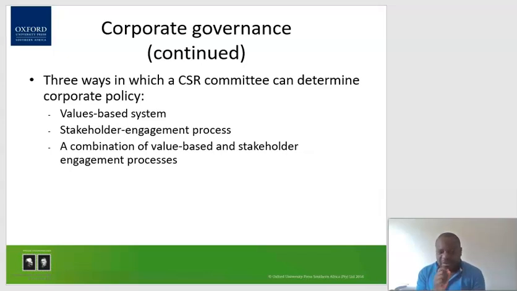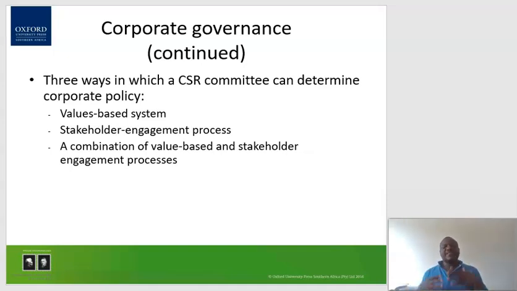However, with the stakeholder engagement process, the directors, leaders, or managers in an organization will allow stakeholders to determine what they want from the company and what they consider to be issues and concerns. What is it that they expect from the company?